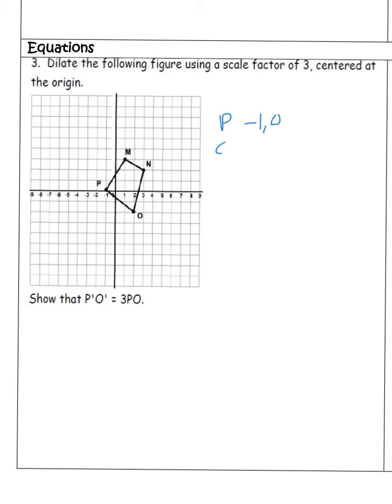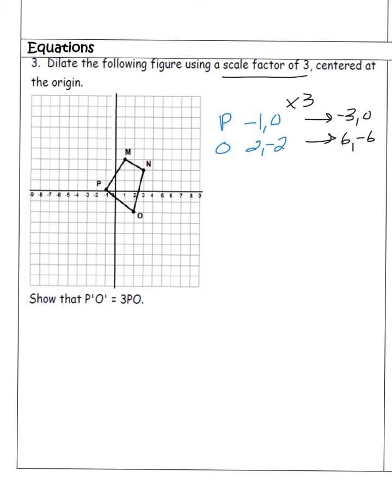And the O is at 2, negative 2. And it says to dilate it by a scale factor of 3. So I'm multiplying everything by 3. So this is becoming negative 3, 0. And this is becoming 6, negative 6.